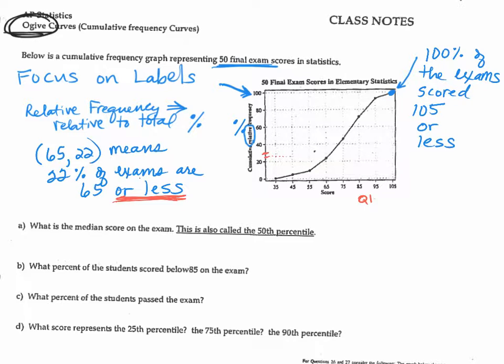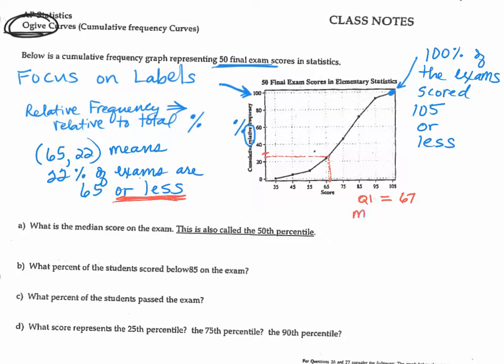Okay, so track that on over. I'm going to say Q1, 25% of students got about a 67 or less. Do you follow me? We tracked this Q1 over to a score of 67.